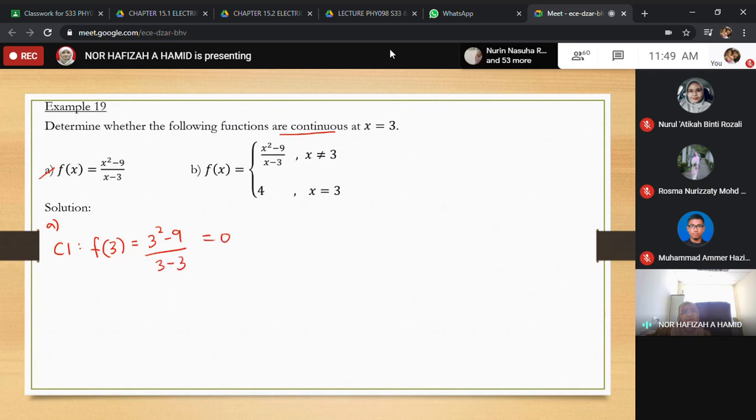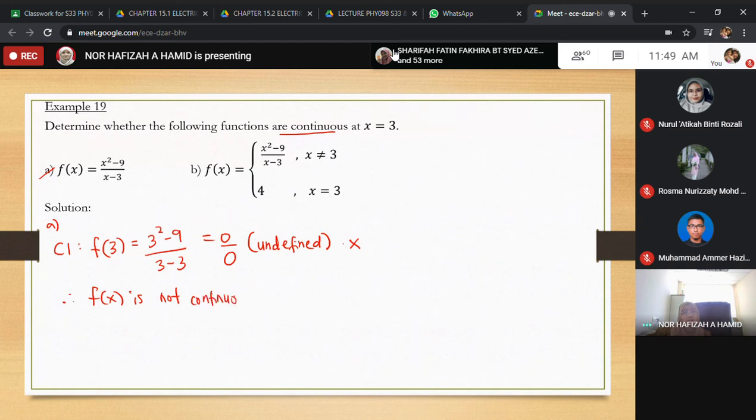So you have 0 over 0. Okay, so it is undefined. So if it is undefined, automatically condition 1 is not satisfied. So you can directly conclude f(x) is not continuous at x equal to 3.